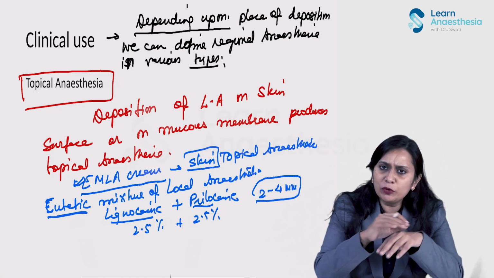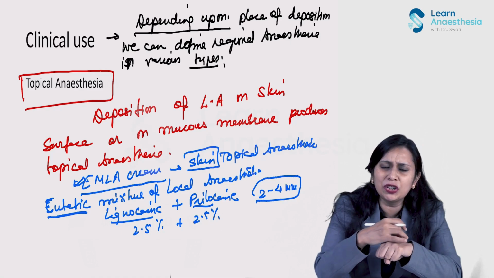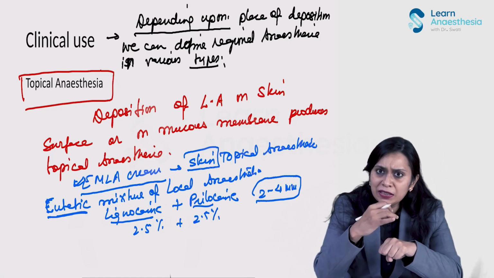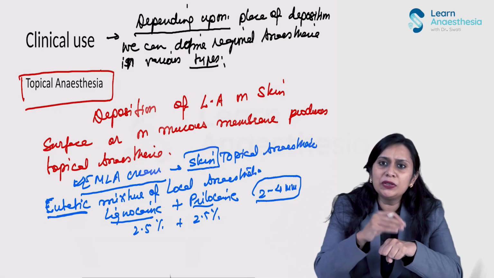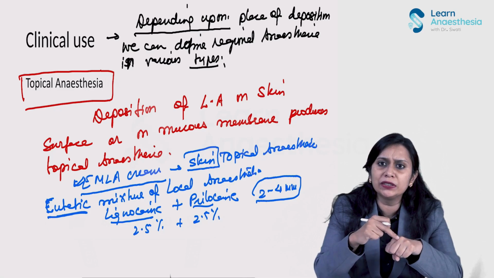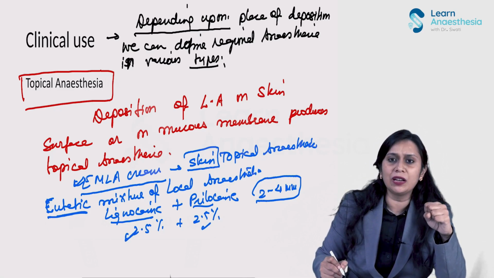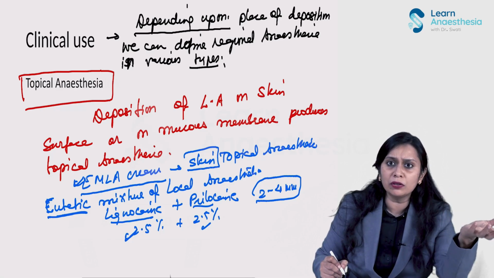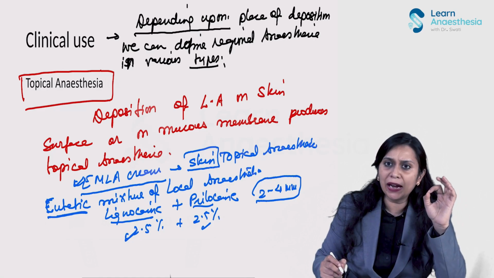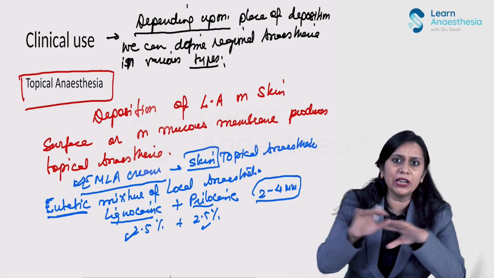Wherever we have to apply it, we clean that area, then visually inspect it for any abrasion or any discontinuity of the skin. If this is so, I would not put EMLA because it will get systemically absorbed if there is any abrasion or discontinuity of the skin. And since it has a very high concentration of ligno and prilo, the risk of systemic toxicity would be more. So remember, we have to apply it on intact skin. Any abrasion, we cannot apply it.